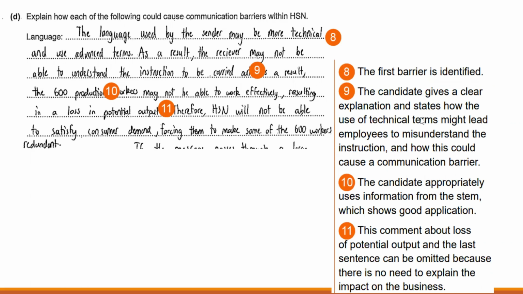Identified, explanation, use of technical terms, that's what's going to be a problem. Candidate appropriately uses information from the stem, so good application. The comment about loss of potential output and the last sentence can be omitted. So that's extra information. If you think you manage your time well, you can write it. Otherwise, it's not getting them any extra marks. So this is like a good answer.